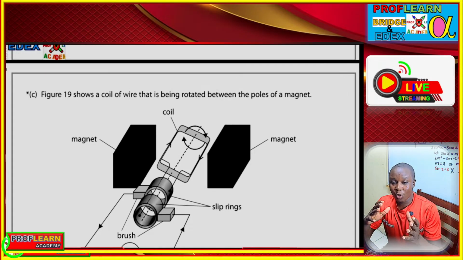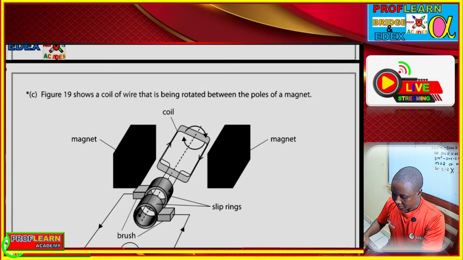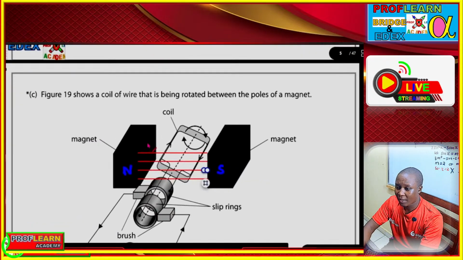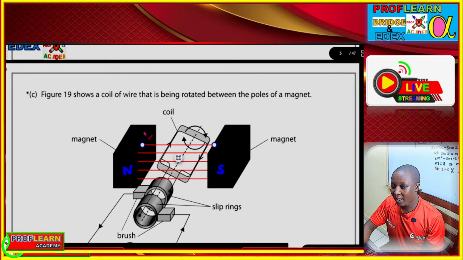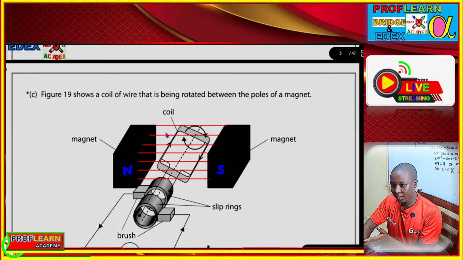What we need to understand as far as this concept is concerned is that when a conductor cuts through a magnetic field, because in this part here we need to appreciate that we have two magnets, the north pole and the south pole, and the magnetic fields are pointing from the north to the south.